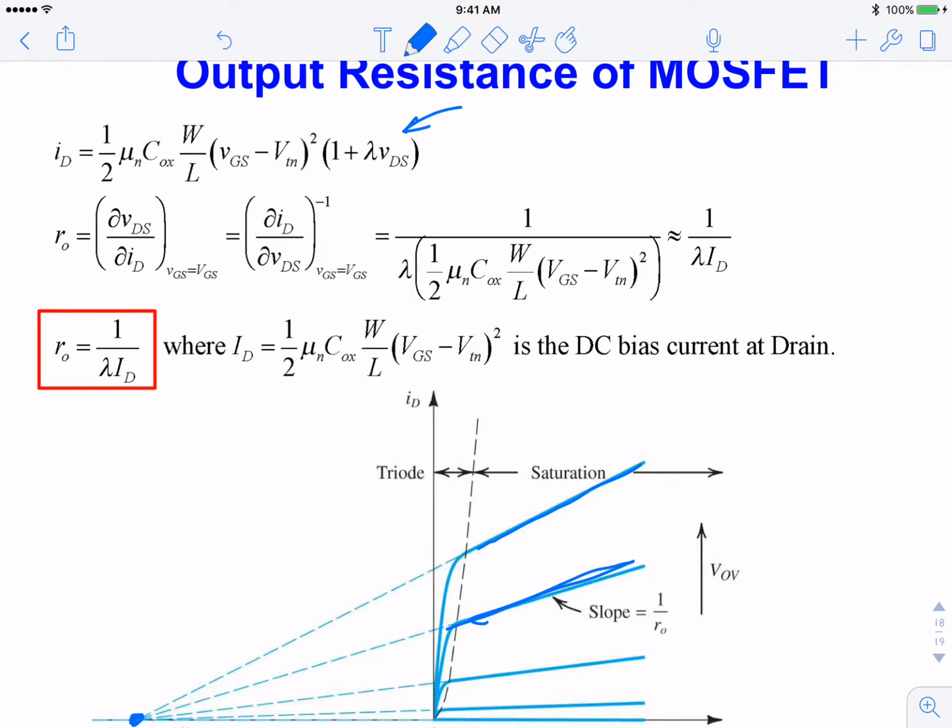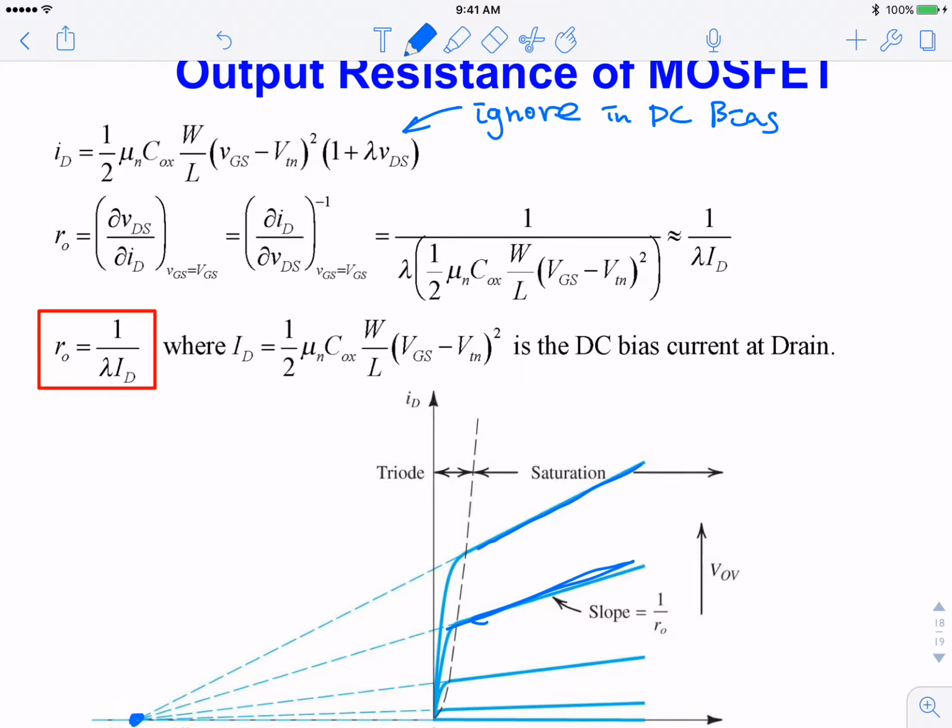Spice will automatically consider that. So normally, unless there's a case you absolutely need to consider it, for a DC problem within 10%, you can ignore this in the DC bias solution.